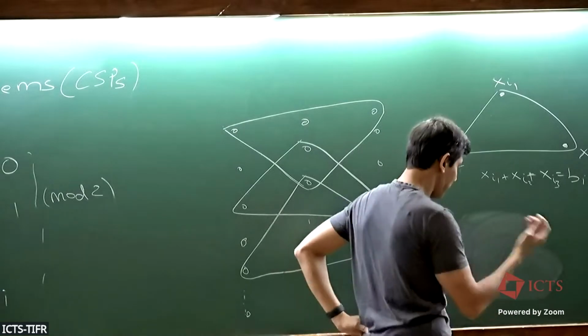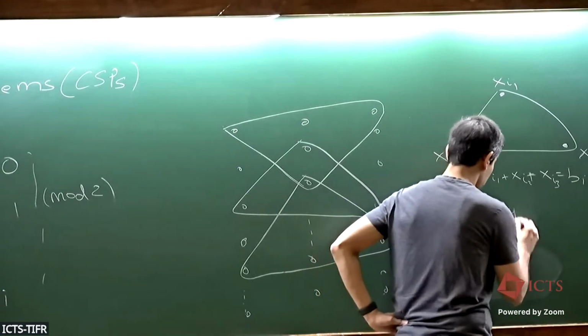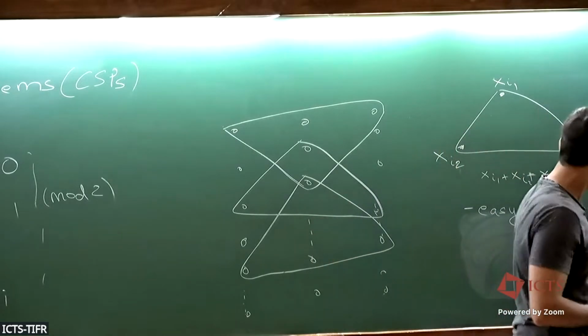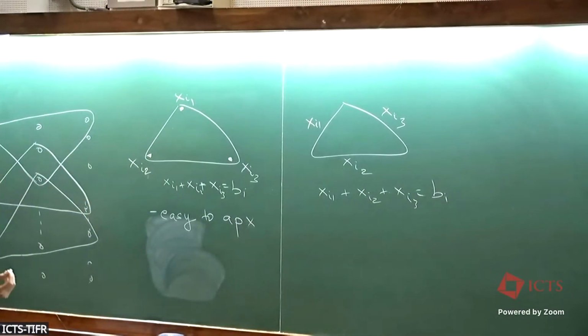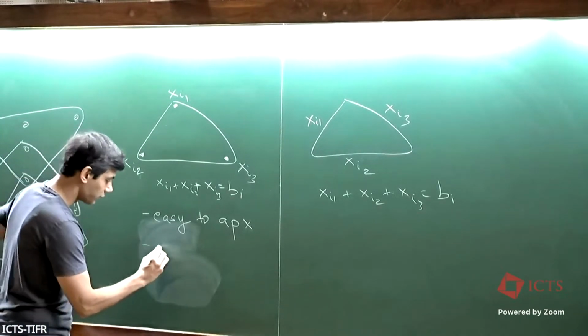Then I'll mention some of the connections before we jump in. So it turns out this kind of problems are easy in the sense that we can get a good approximation for them. And they turn out to be related to coding theory.